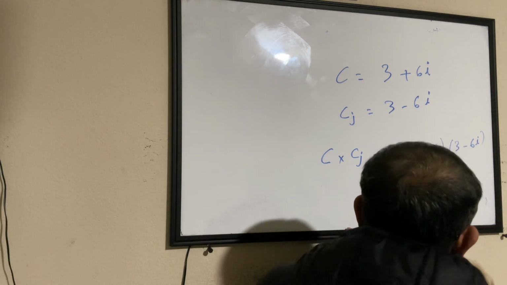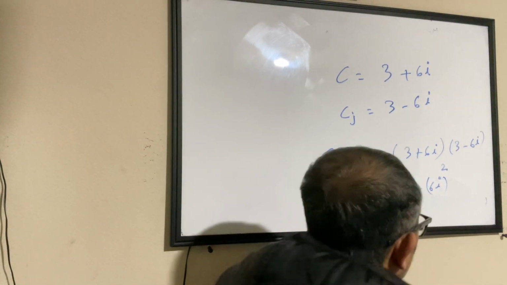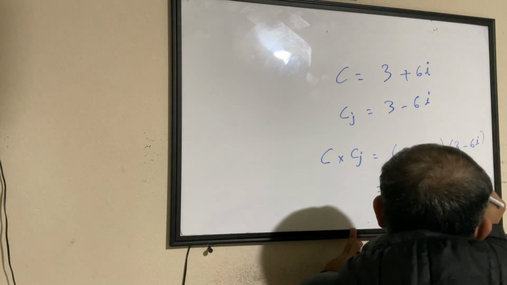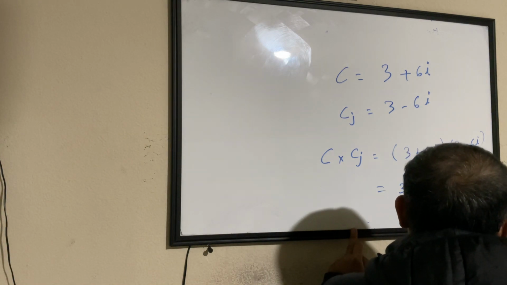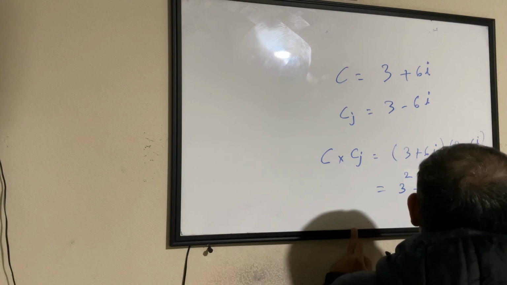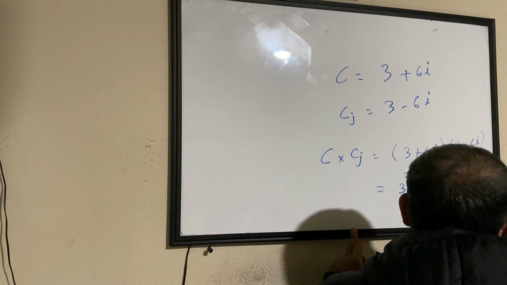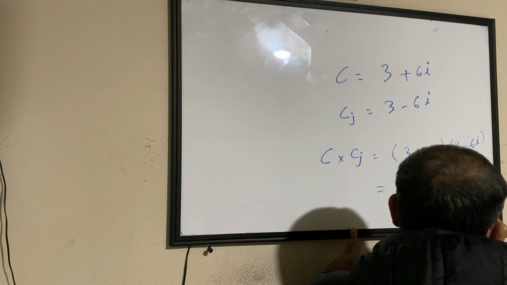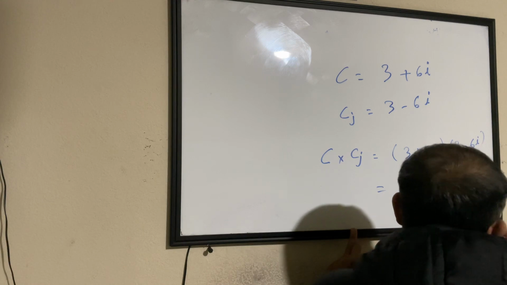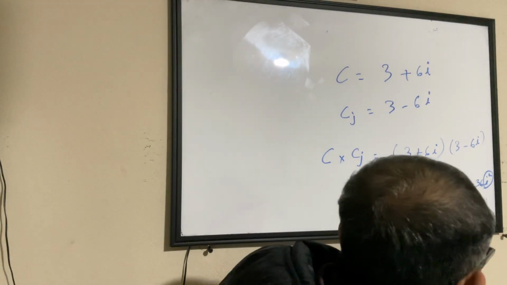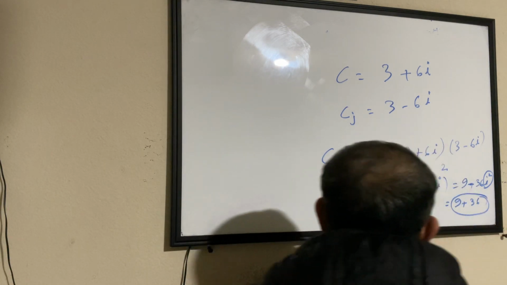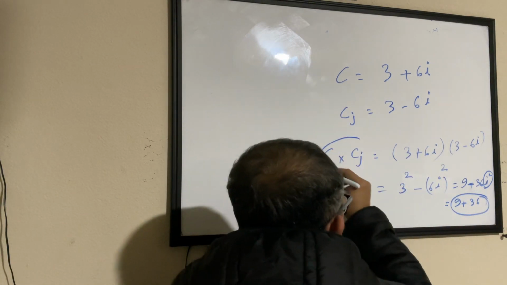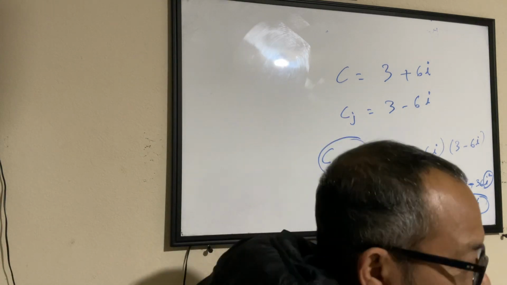So it becomes 9 minus 36 i square, and i square we all know is minus 1, so 9 plus 36. So essentially what is happening is when you multiply a complex number with its conjugate, it becomes a real number.